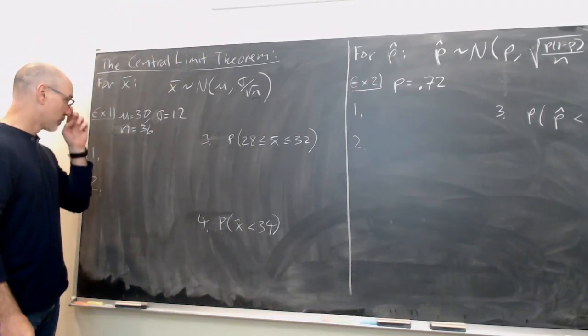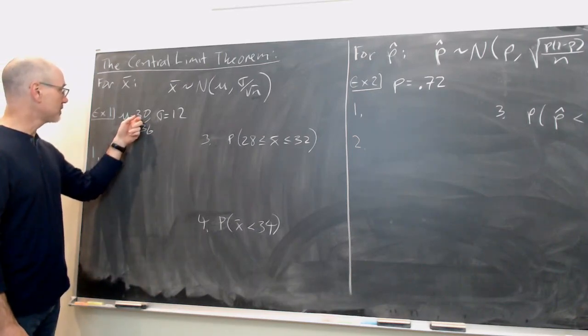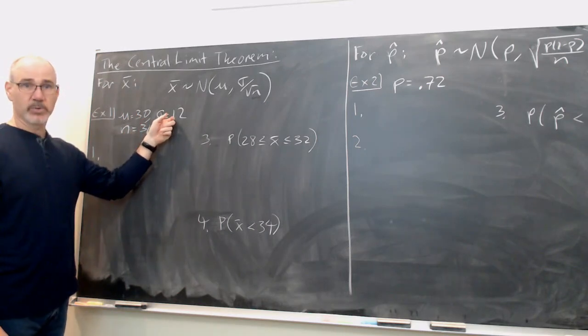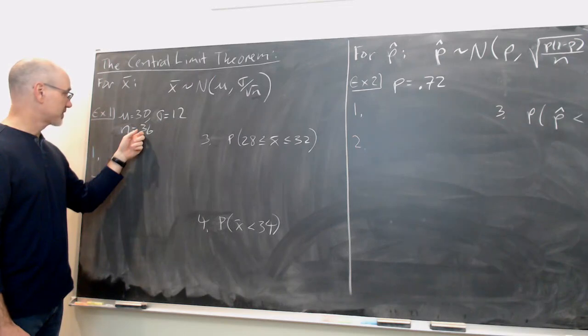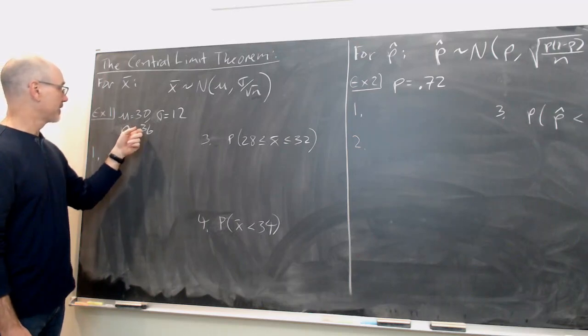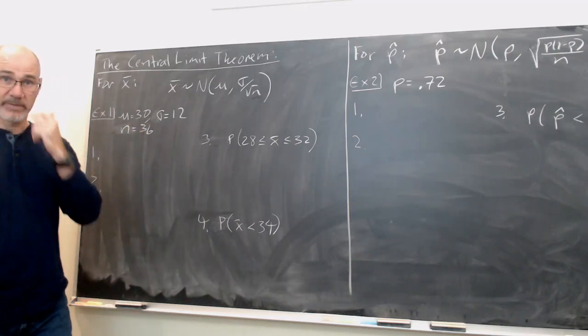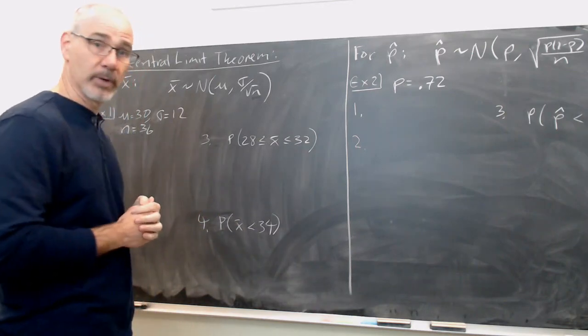We're told that the population of shelter dogs has a mean weight of 30 pounds and a standard deviation of 12 pounds. And we are going to take a sample of size 36 and then ask some questions about what we know about the average weight in that sample. So we have 36 dogs, we weigh them, take the average weight, and what can we say about that weight?